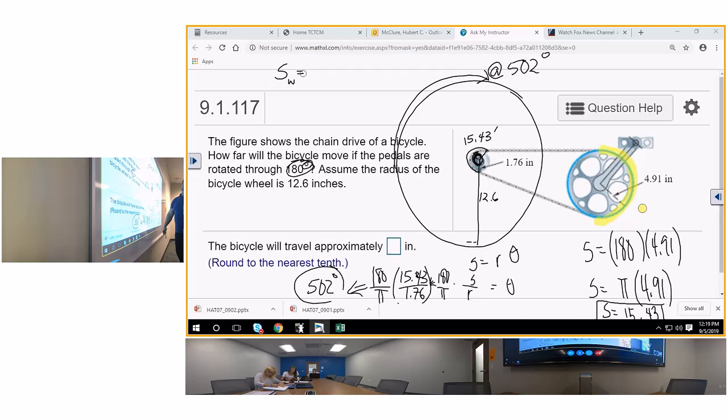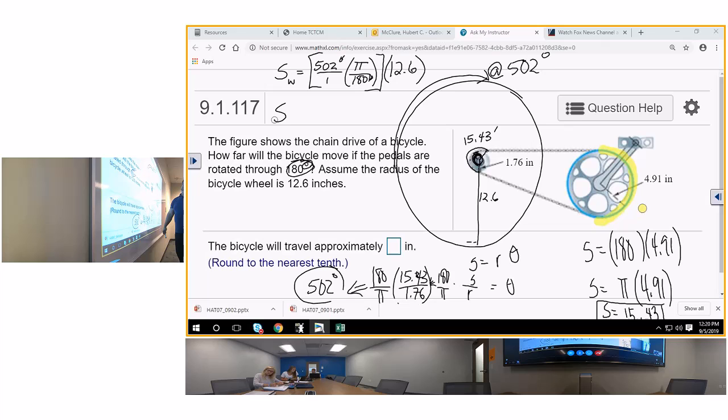So that'd be 502 degrees multiplied by pi over 180, and then multiply that by 12.6. And the degrees cancel. So I think that's what they're wanting. Assume the radius. How far will the bicycle move?